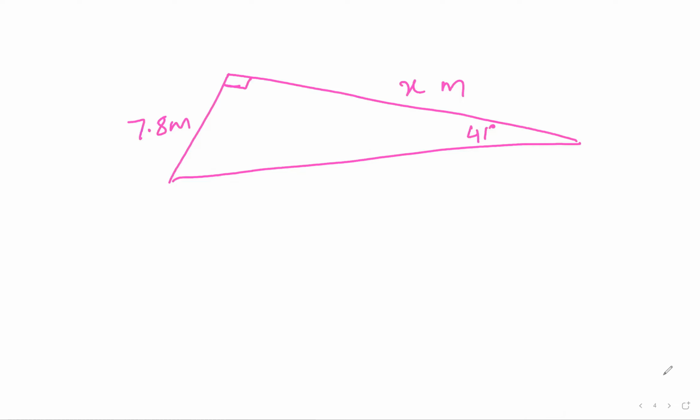Next, this is the shape. Again I am repeating this: the L shape will always be opposite and adjacent. The part which is not part of the L will be the hypotenuse. Here I have to work with this 41 degree angle; this can be my theta, this can be my alpha.